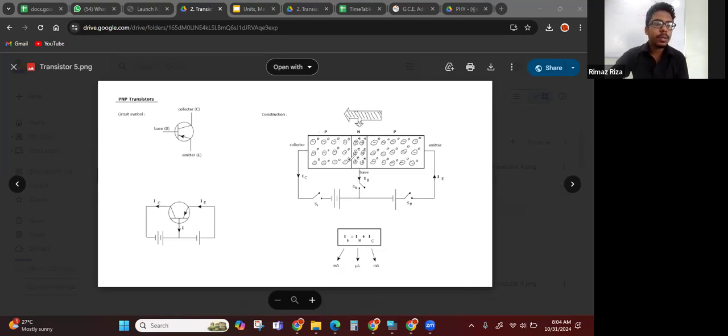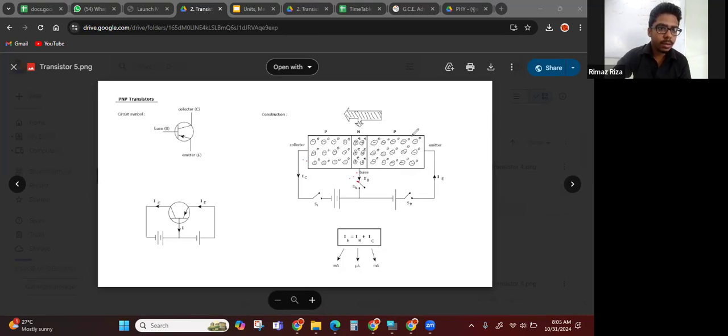The BE junction should always be forward biased, and the BC junction should be reverse biased.